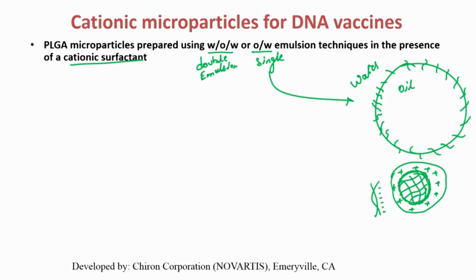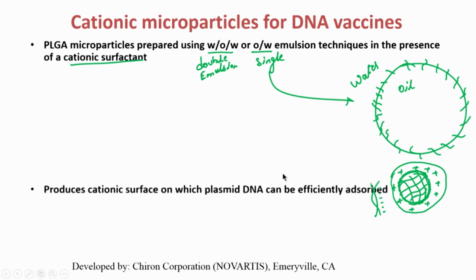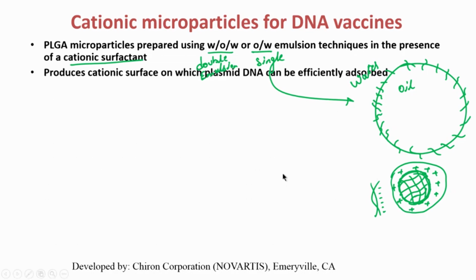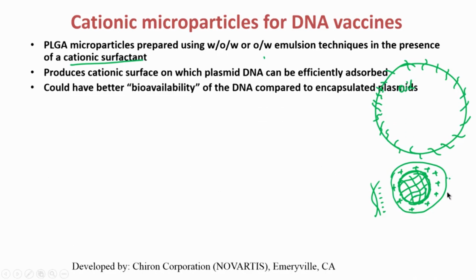You can then use this for gene therapy and for vaccines. So as I said, this produces a cationic surface on which plasmid DNA can be efficiently adsorbed.